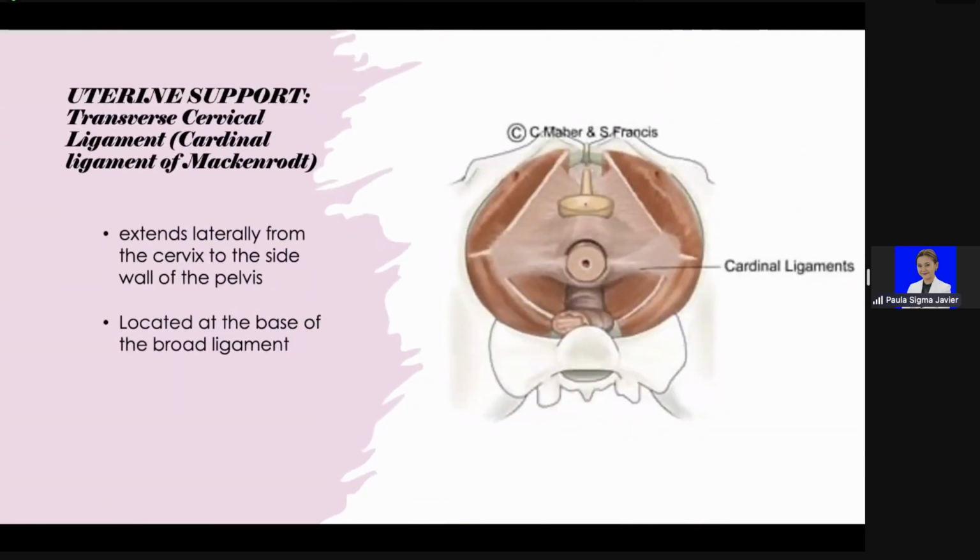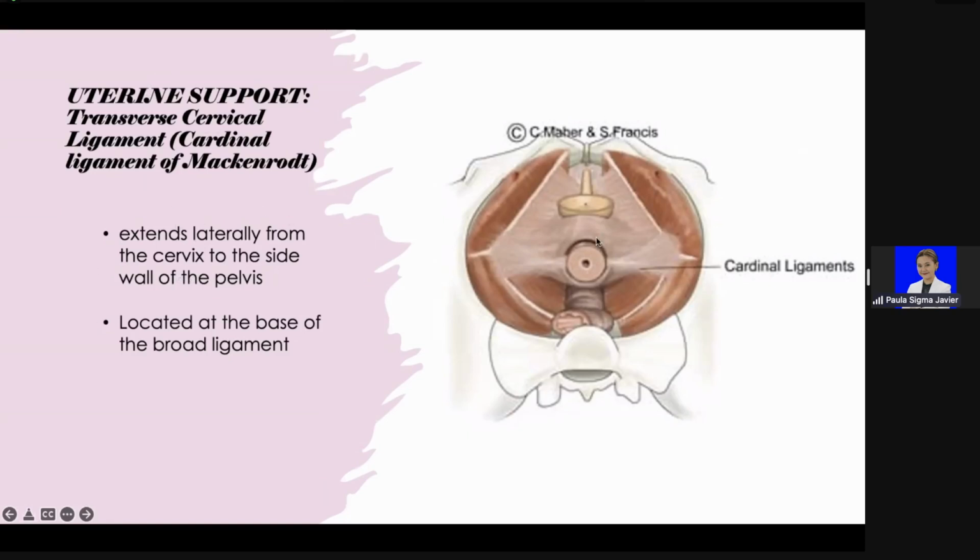So for the uterine support, mostly to the cervix, we have the transverse cervical ligament or the cardinal ligament of Mackenrodt. Okay? So maybe for the practical exam, we will accept cardinal ligament of Mackenrodt, ligament of Mackenrodt, transverse cervical ligament.